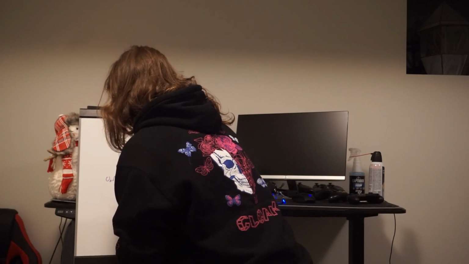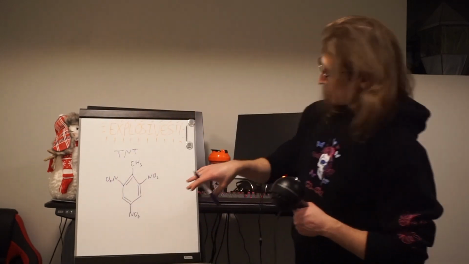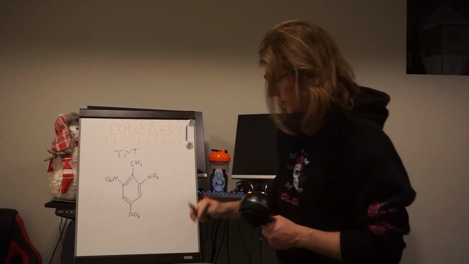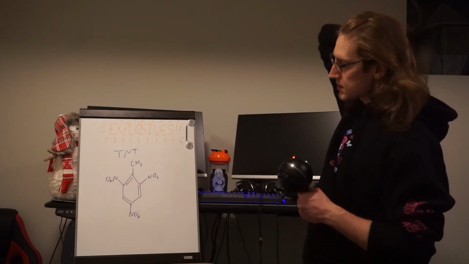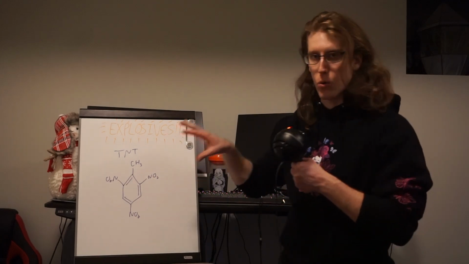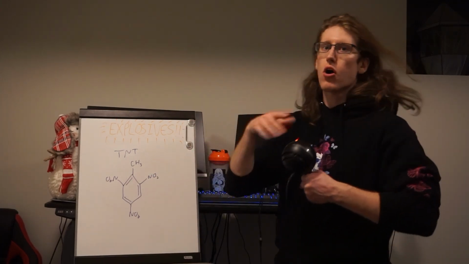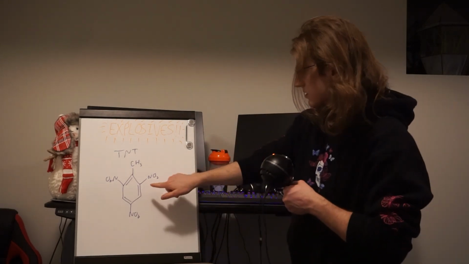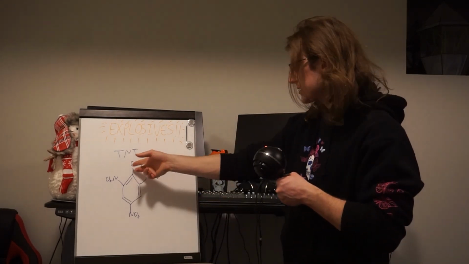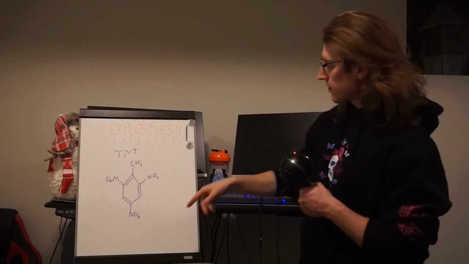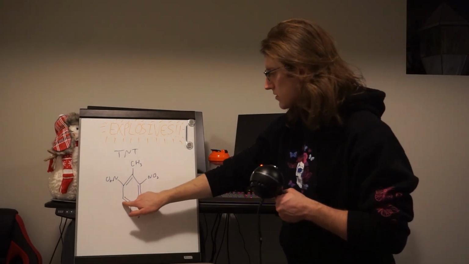Alright, so very quickly to explain this, because again, I haven't gone into bonding, this is what's called a Lewis diagram of an organic molecule. All you need to know is that the letters are their corresponding elements. Every N is a nitrogen, O is an oxygen, C is a carbon, H is hydrogen. And the lines are bonds.